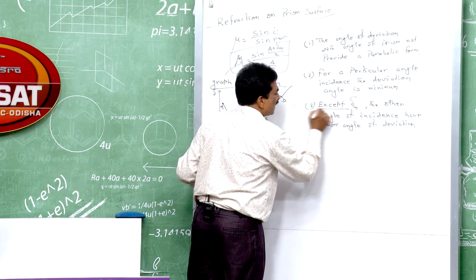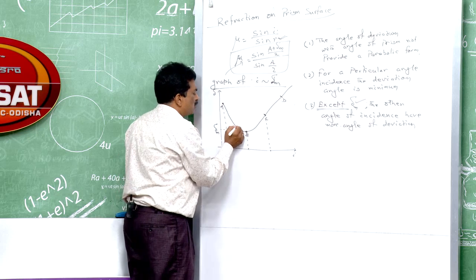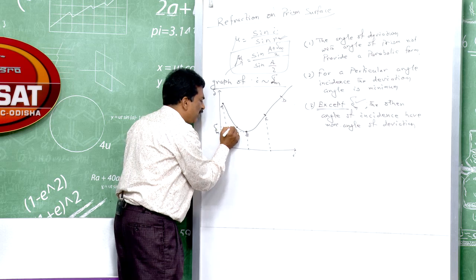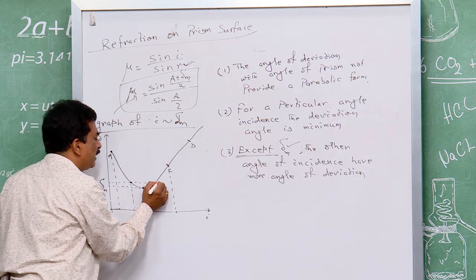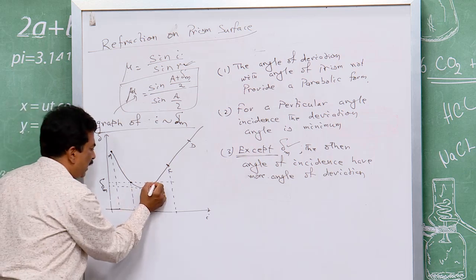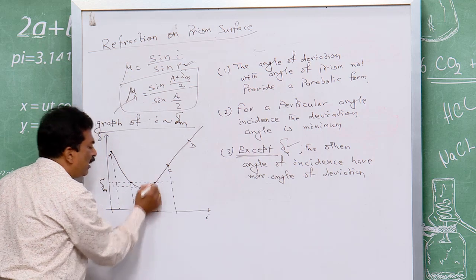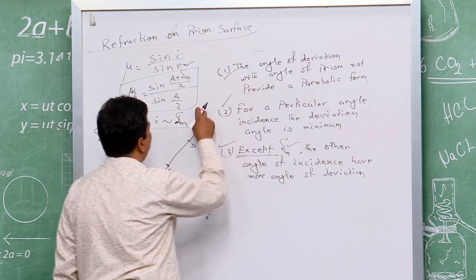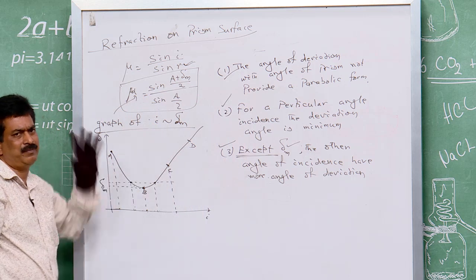What is its meaning? Except the minimum deviation, this is the minimum deviation. Suppose I take this value, so for this value this will be the deviation angle. And if you go on this straight way, this is also another deviation angle. So here if you draw a normal, in between them you will have different angles of deviation. So these are the three important points you came to know if you draw a graph of I with Dm.